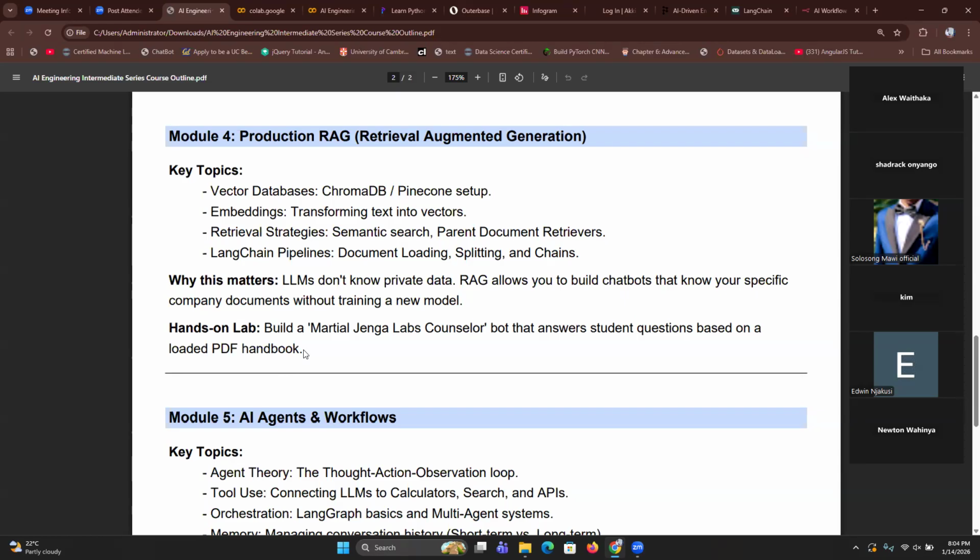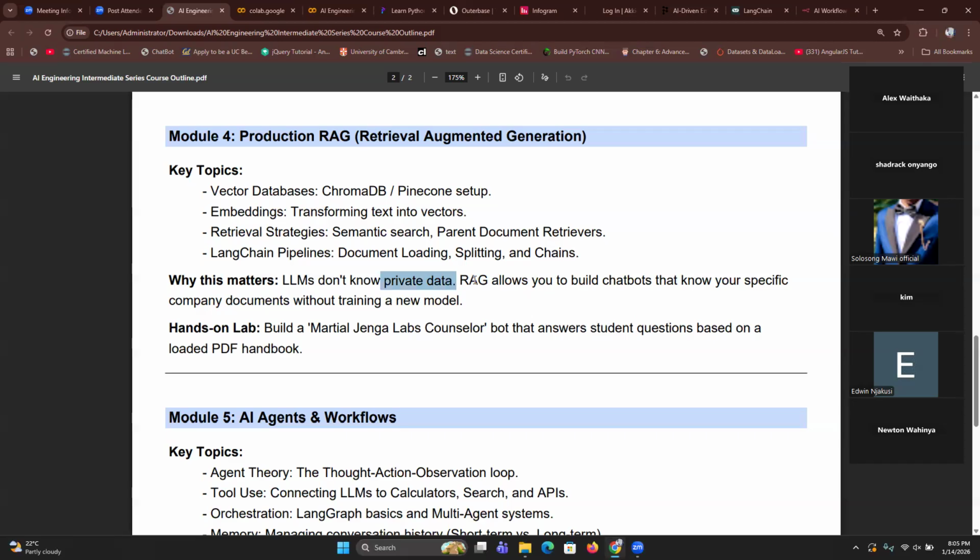So why does it matter? RAG matters because large language models are already there. A lot of them are already in the market, but they don't know your private data. Let's say you're working in a company or in a hospital, you have your own private data. So you can actually expose this private data to an AI.